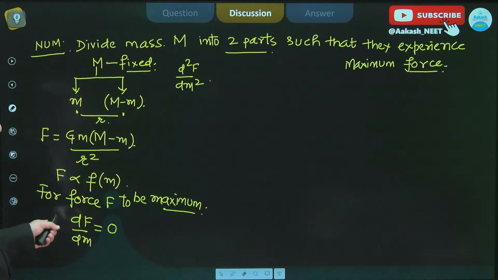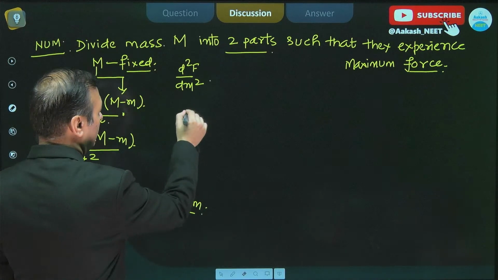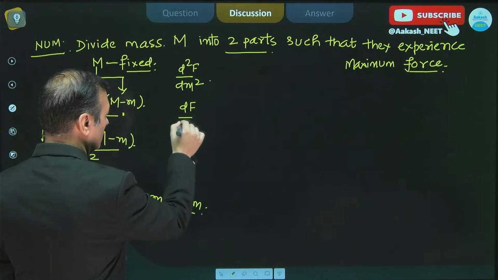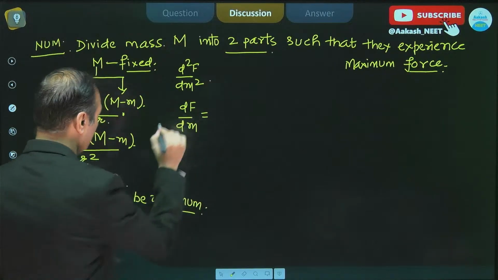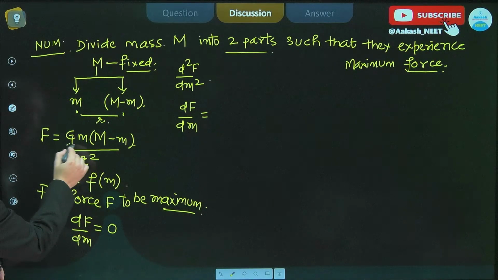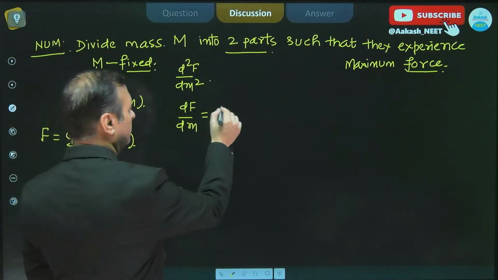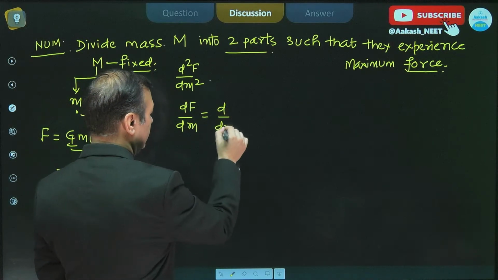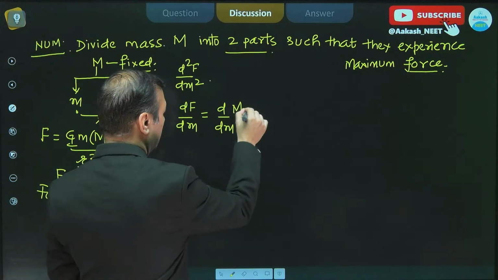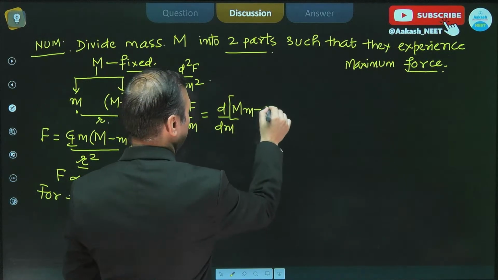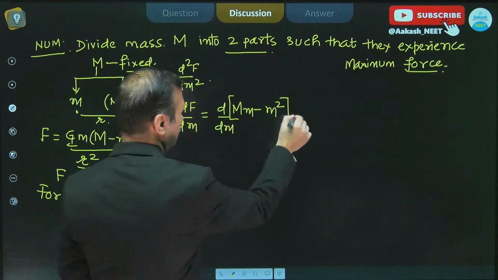So let's check what we are getting. If you define dF by dm first, G being constant, r being constant will not participate in the derivative part. So this is basically d by dm of capital M into small m minus m square.